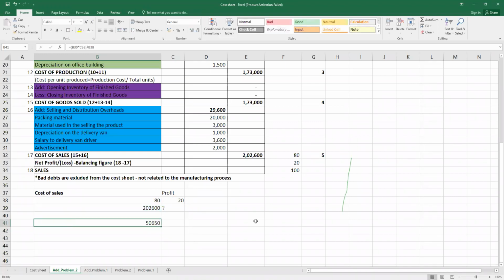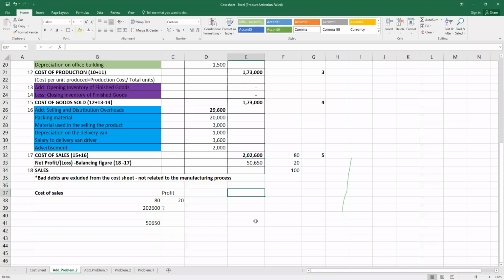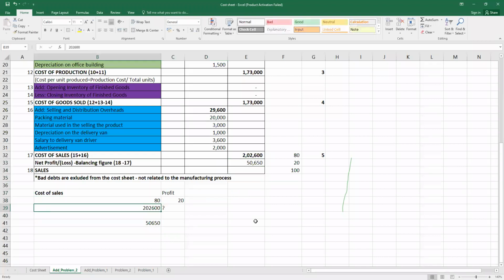Something different is coming, Roshni. The profit is 50,650. Are you getting it, guys? Where did your mistake happen?